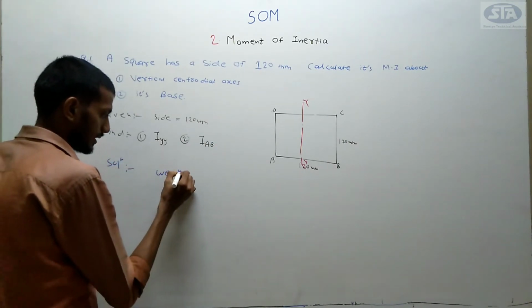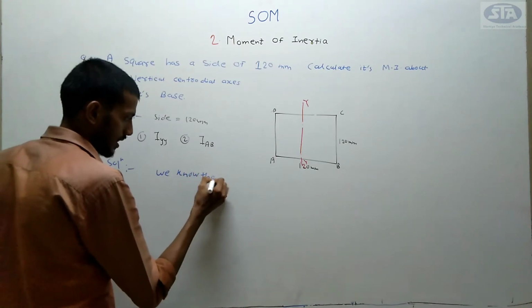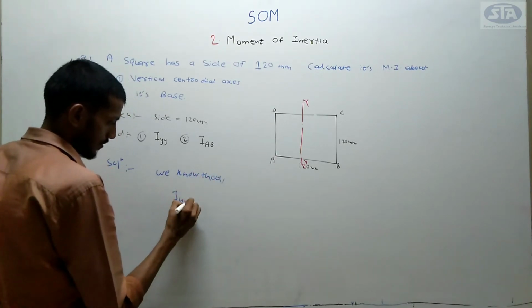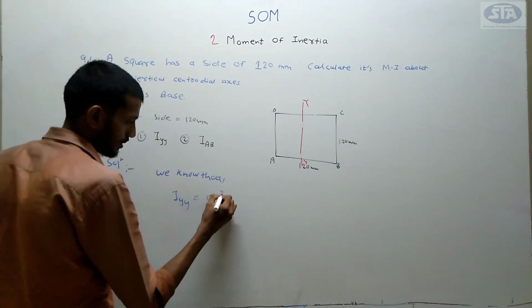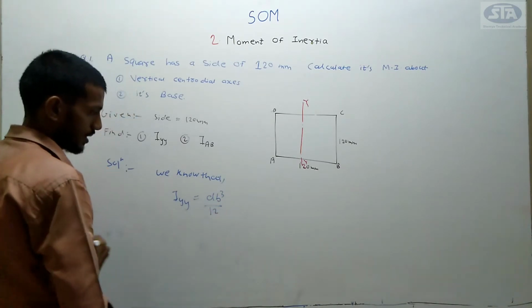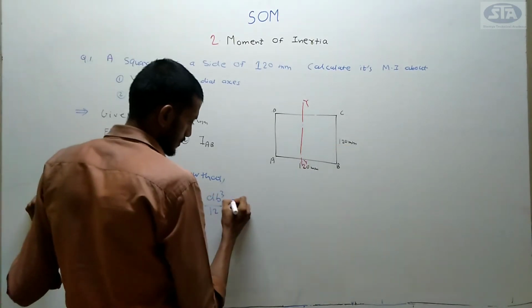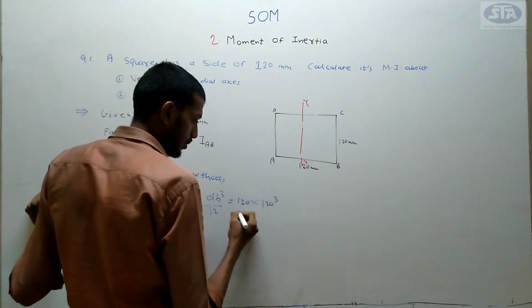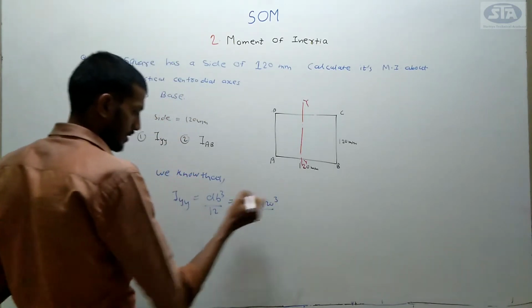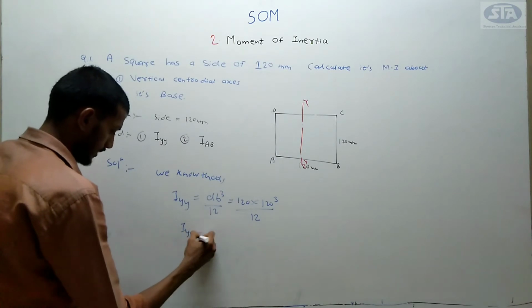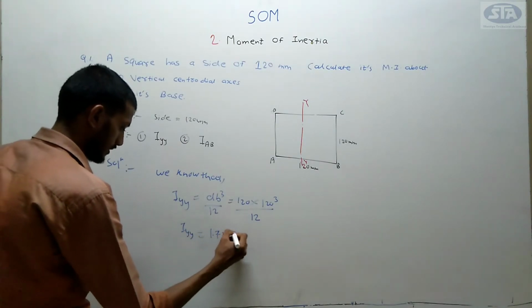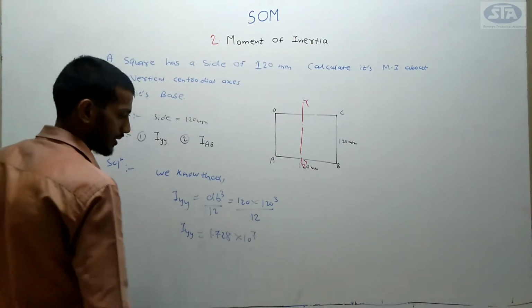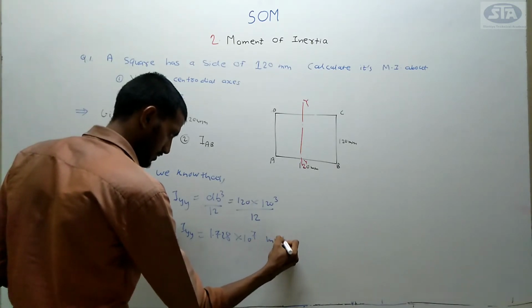So we know that the moment of inertia about the vertical axis, that is Iyy, is equal to d b cubed divided by 12. D, which is 120, into b, which is also again 120, cubed, divided by 12. Calculate this answer.